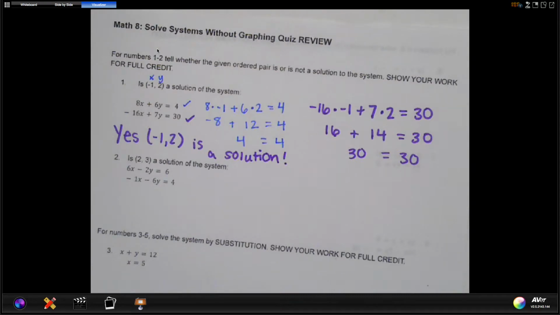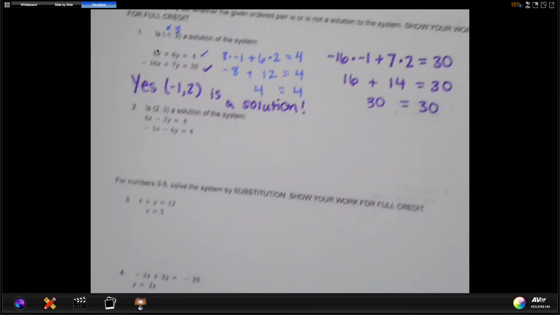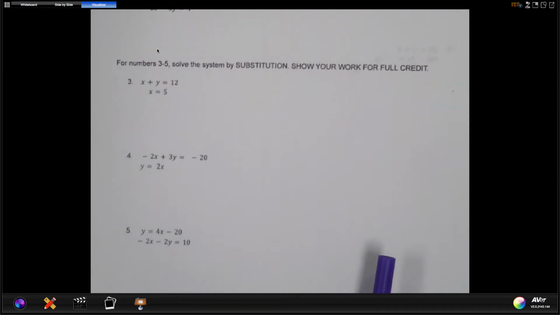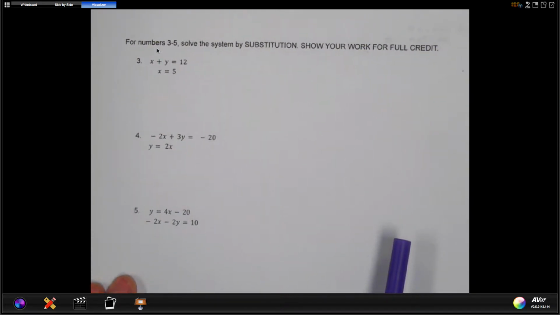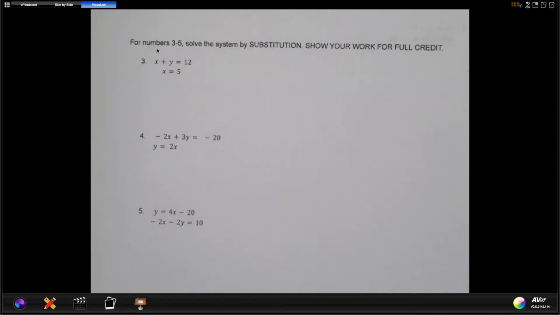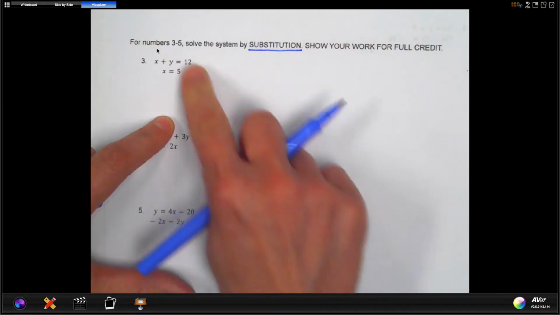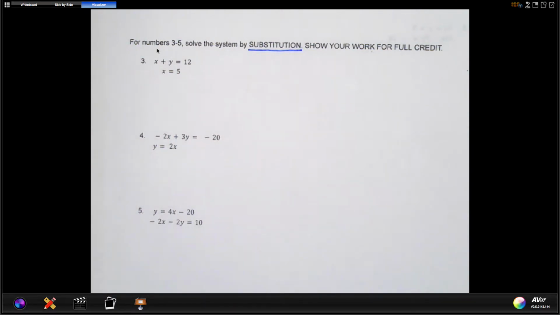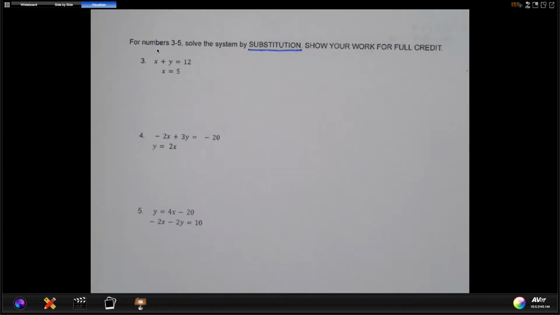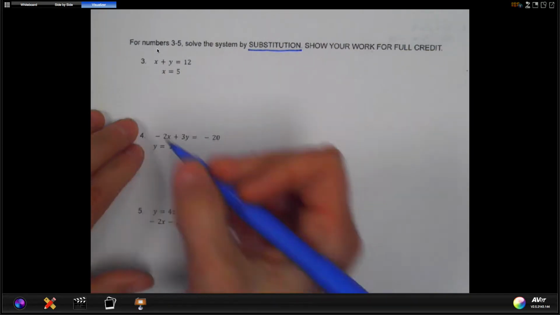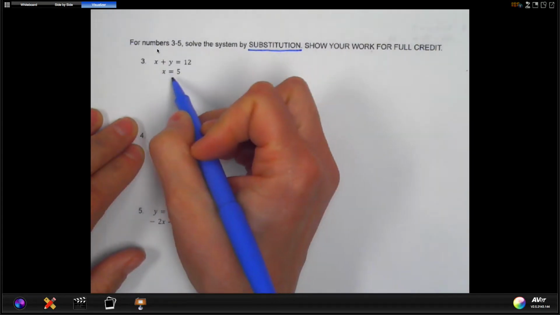All right, let's move on to the second section, which is substitution for the quiz. If it says to solve a system by substitution, that's the key word here, what we want to do is take a look at our system and start with either the x equal or the y equal equation. In number 3, we have x equal 5.